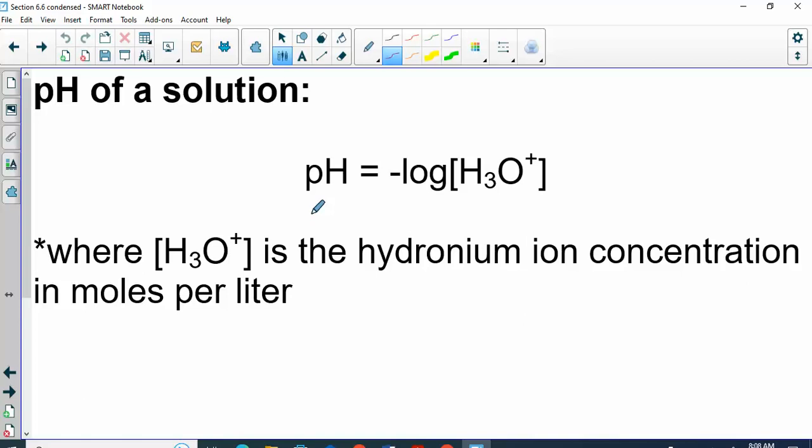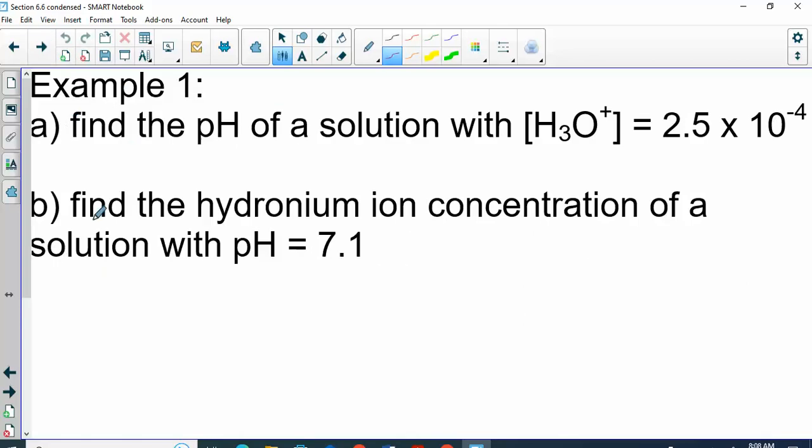So if I look at an example, if I asked you to find the pH of a solution with H3O+ equal to 2.5 times 10 to the negative 4. So at the top of your notes handout, I put all the formulas that we're going to be using, so we're actually jumping down to example 1 right now.